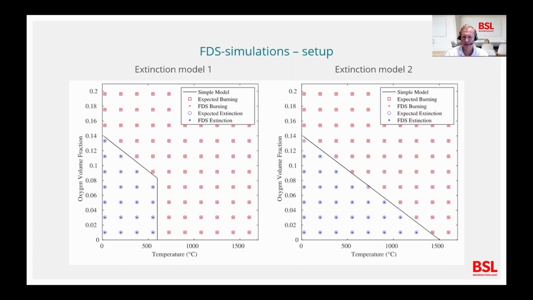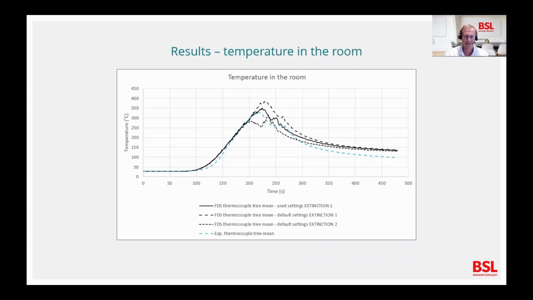Now on to some results from a fast-growing fire with active ventilation. Here we see results of the mean temperature in the room. The blue dotted line is from the experiments. The black line in the bottom is from a simulation using the default setting from extinction model 2, which leads to too much suppression and an underestimation of the mean temperature.